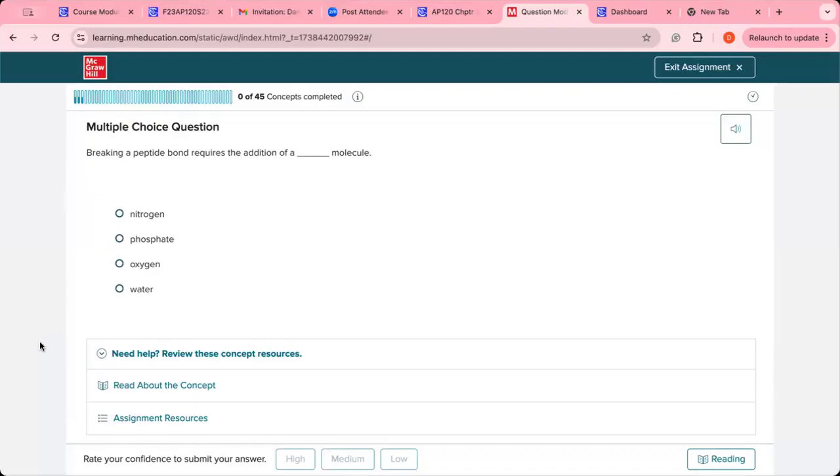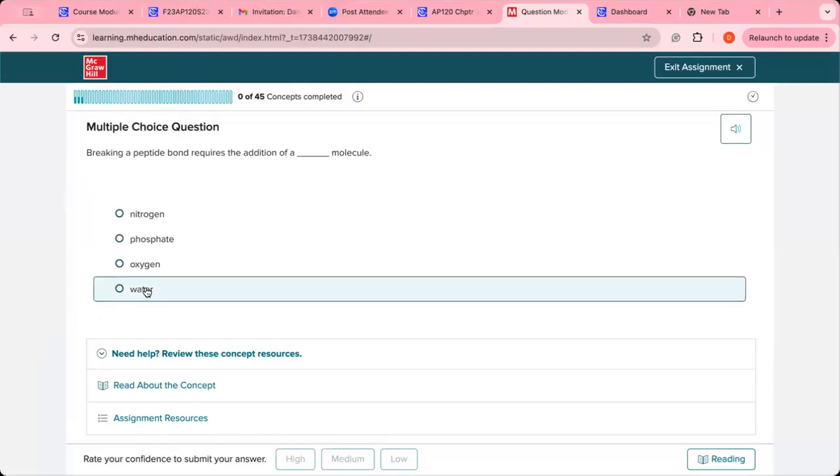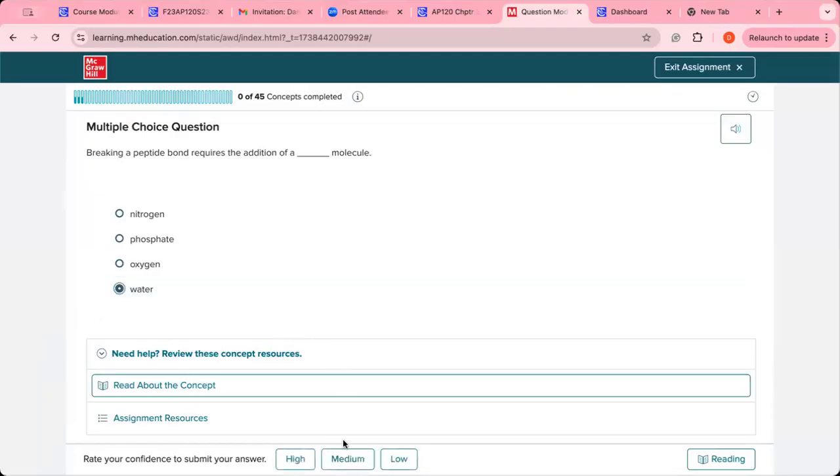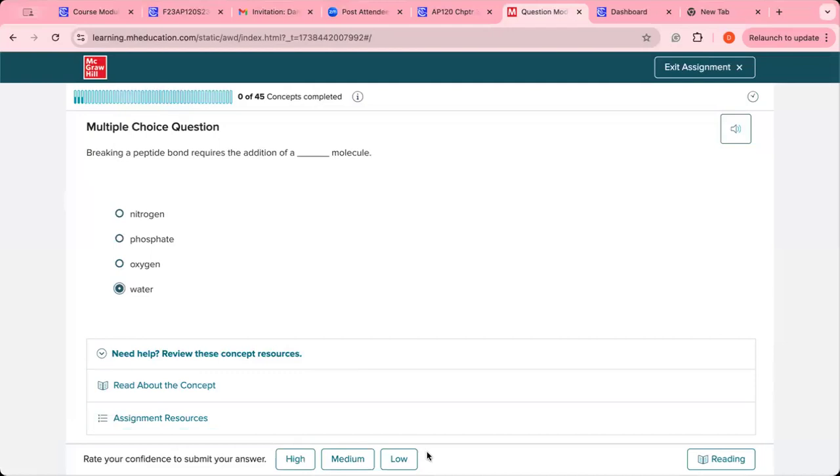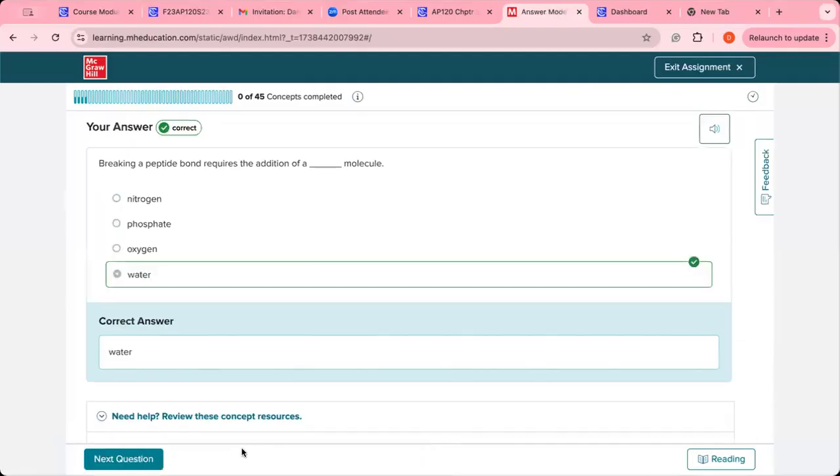Water molecule. It's a water molecule, because it's hydrolysis. When you break apart, you add water molecules to it. Okay. Let's continue.